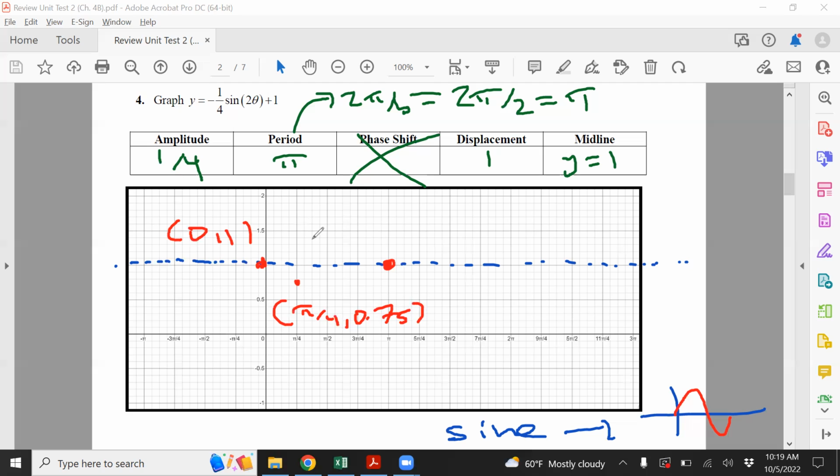Yes, I'll ask you to label the points, because it's going to help make your graphs more accurate. What's this point going to be right here? Pi over 2, comma what? 1, right? Then it's going to hit a peak right here. And what are those points going to be?